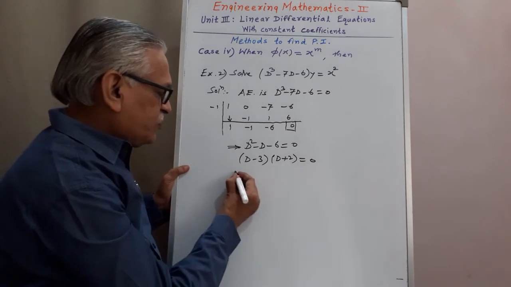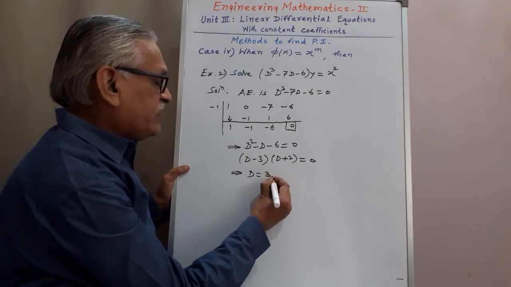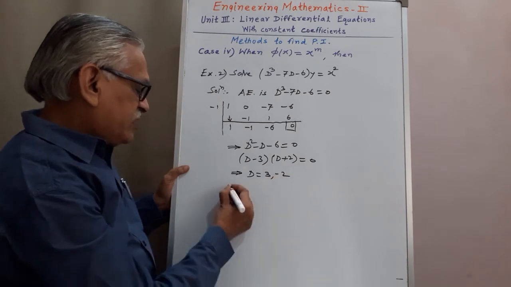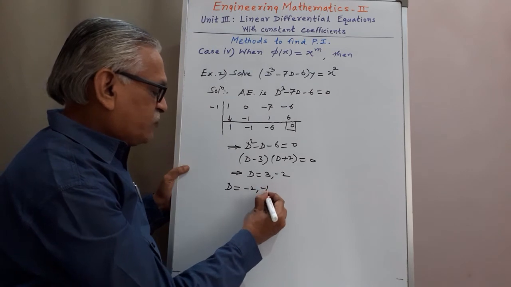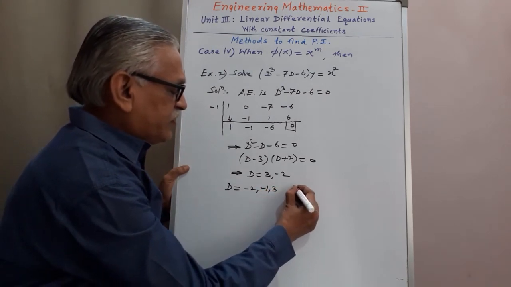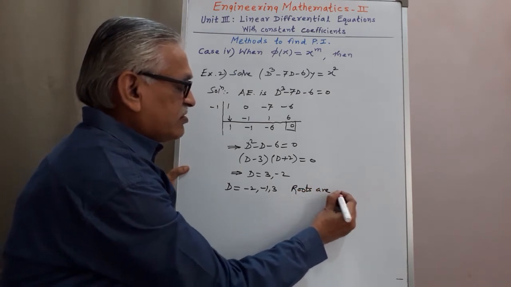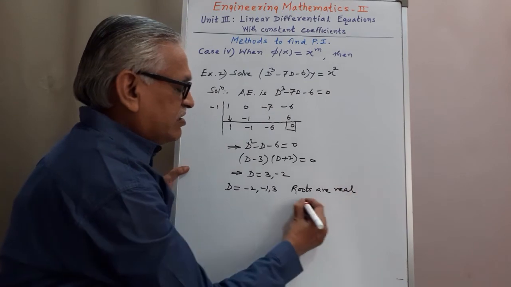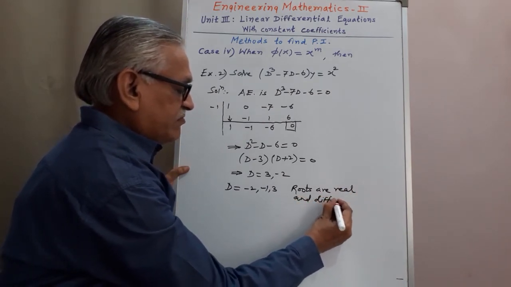Equating each to 0, we get D equal to 3 and minus 2, and therefore the roots are minus 2, minus 1 and 3. All roots are real and different.